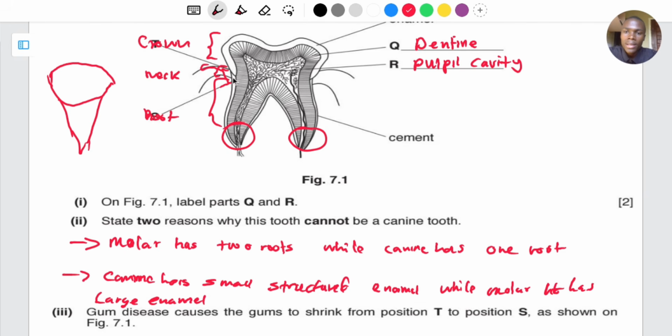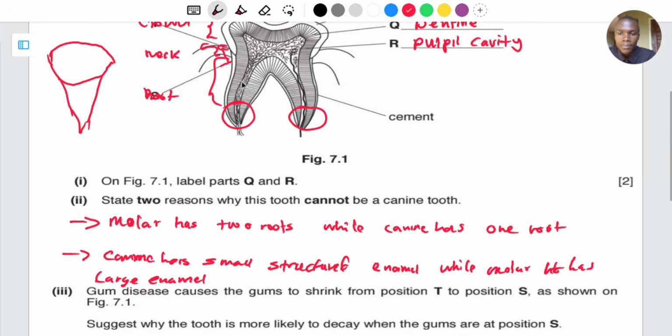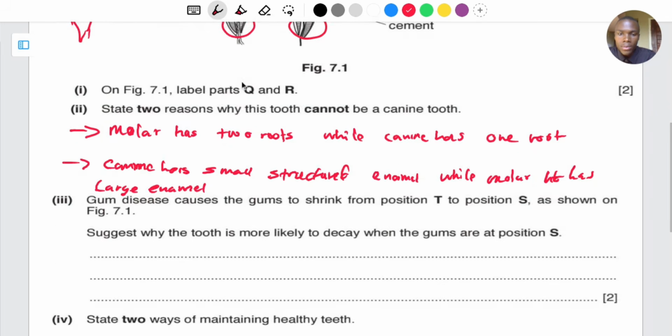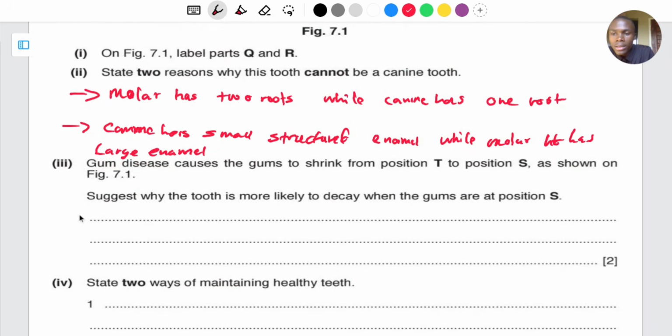As a result, the enamel will be hydrolyzed. So the reason why it is likely to occur at that point is because the roots are exposed to the environment.